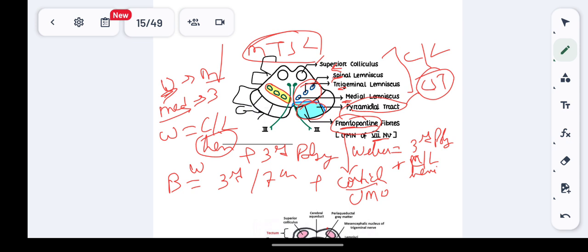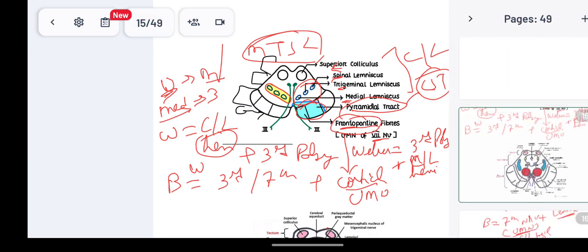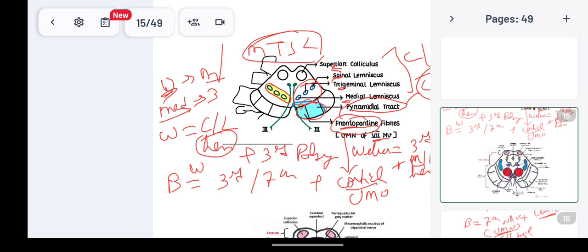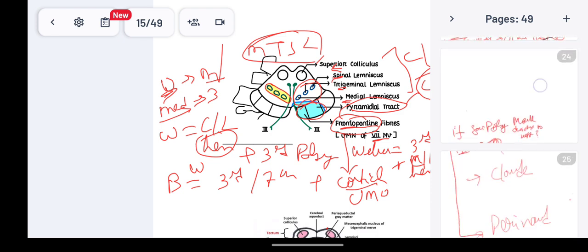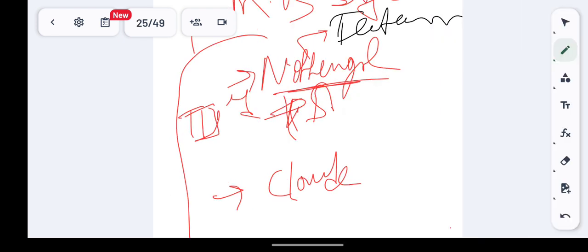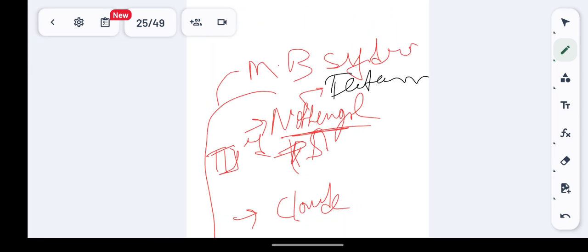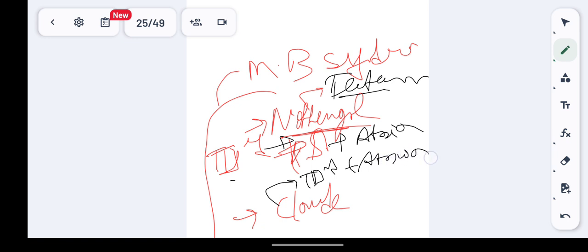Here the tegmentum is involved, and the features of Nothnagel are third nerve palsy plus the superior cerebellar peduncle is also involved. So here there will be ataxia. Claude is third nerve plus ataxia plus tremor.